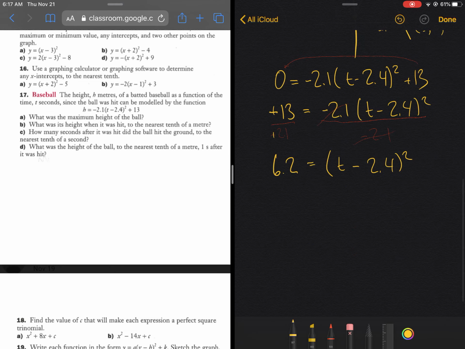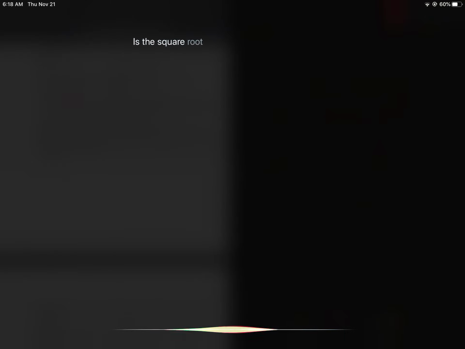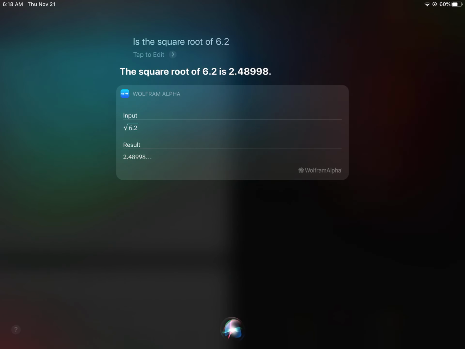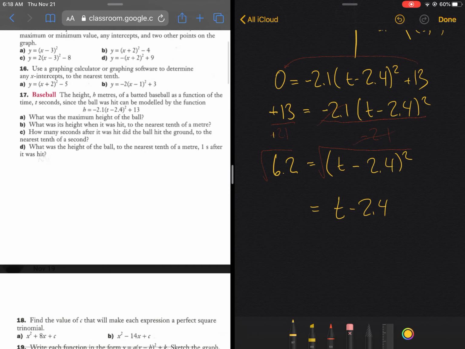The next step is, how do we get rid of this square? We have to take the square root of both sides. This side is easy, it just becomes t minus 2.4. The other one, we get 2.5 on this side.